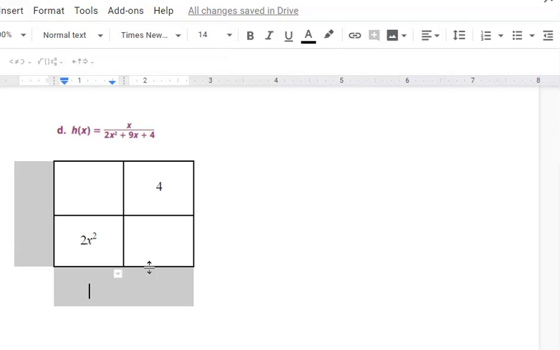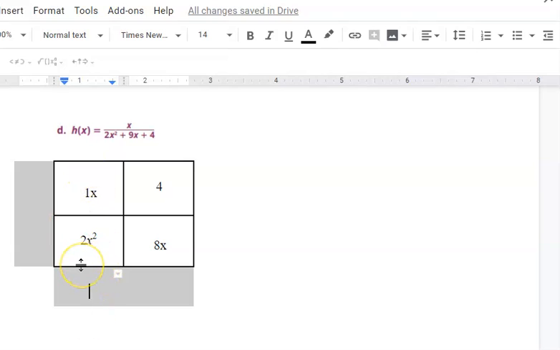So what can I multiply to get 8x squared that adds up to positive 9x? Well, let's see, 8 plus 1 is 9, so I could use 8x in one of these. Let's do 8x and 1x in the other. And now that I've done my two x's, and they do have the correct sum and product, I'm going to put my common factors.